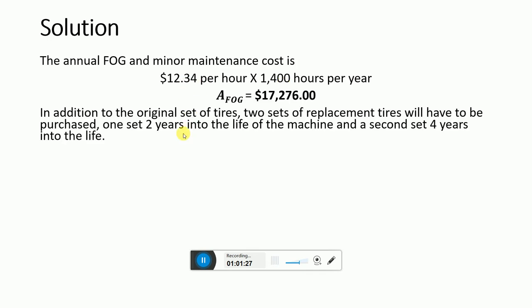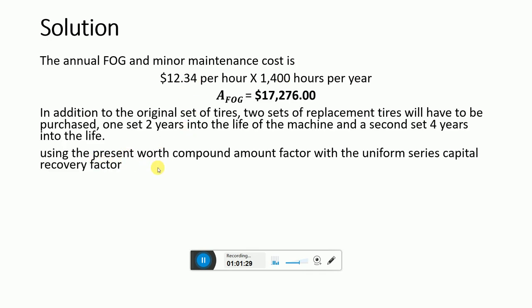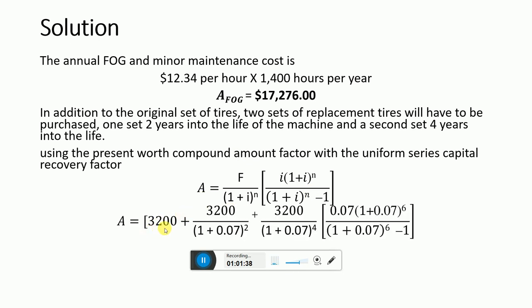So using the present worth compound amount factor with the uniform series capital recovery factor, this is the formula we have to use. 3200 is the initial cost, which, as you remember, we subtracted from the $45,000. So this is the initial purchase when no time has passed.